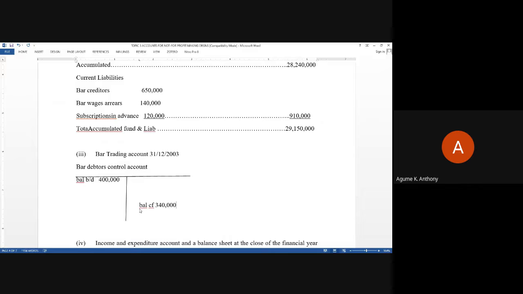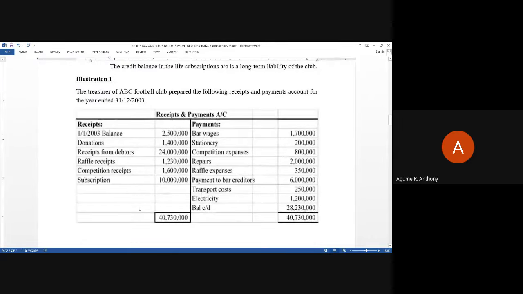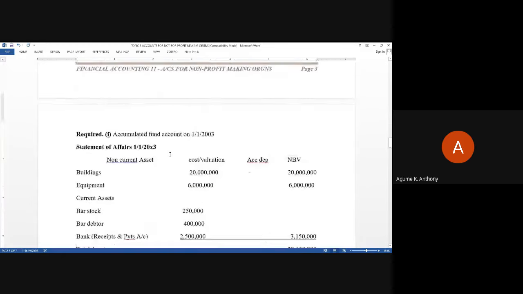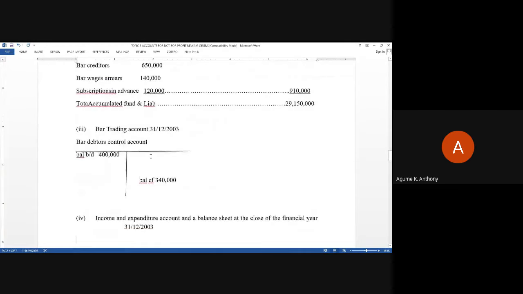Now, I need to check, is there any payment that was made by debtors? Yes. When you check in this receipts and payments account, you see receipts from debtors. They paid 24 million. So if they paid and you debited your receipts and payments account, then I'm going to credit my bar debtors account. So I'll come here and say bank, these people paid to the bank 24 million.